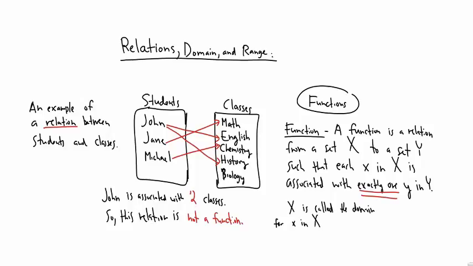So if we have little x associated with little y, little x is called the input, and little y the output.